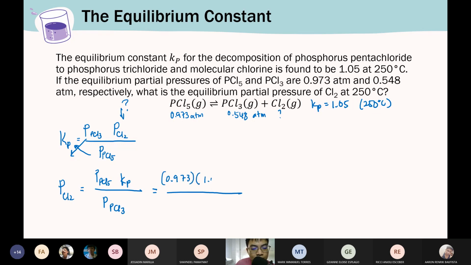The Kp, 105. And the pressure of PCl3, 0.548. Now press the calculator. What's the answer?